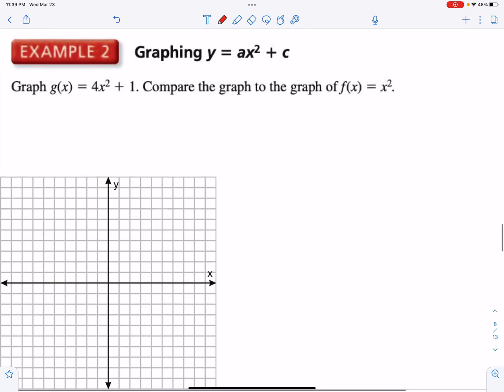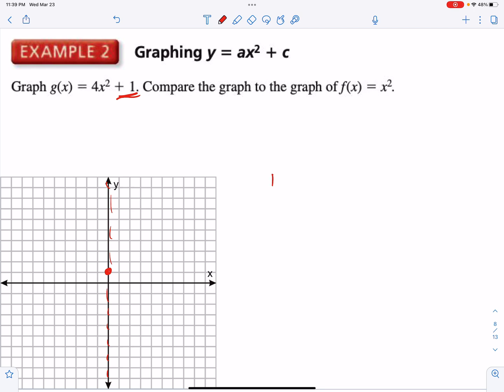Okay, so now what they're going to start to do is they're going to start to change the a value and the c value. So as you can see here, we have 4x squared plus 1. Now what I always tell kids to do is take a couple values and then plot their reflection. So again, I know my axis of symmetry is going to be at 0. I know this value is positive 1, so I plot positive 1 on my y-intercept, and I know my axis of symmetry is 0.